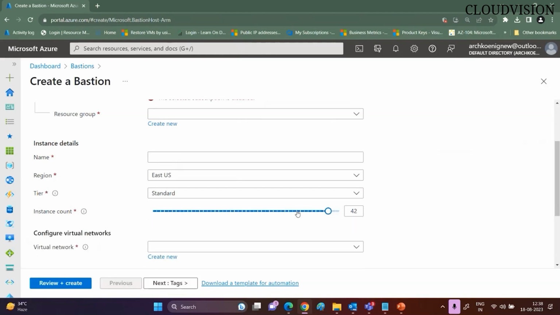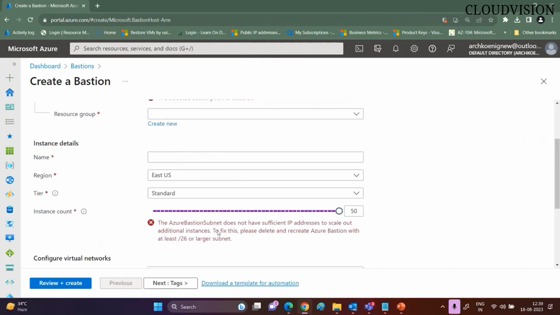But as you are going up to this many instances, if you see, they talk about the dedicated subnet called Azure Bastion subnet. And they say that in the subnet, you should have sufficient IP addresses to scale out. So what we have to do is create a dedicated subnet and provide a CIDR that should be at least 26 or maybe 25, 24, more than that.